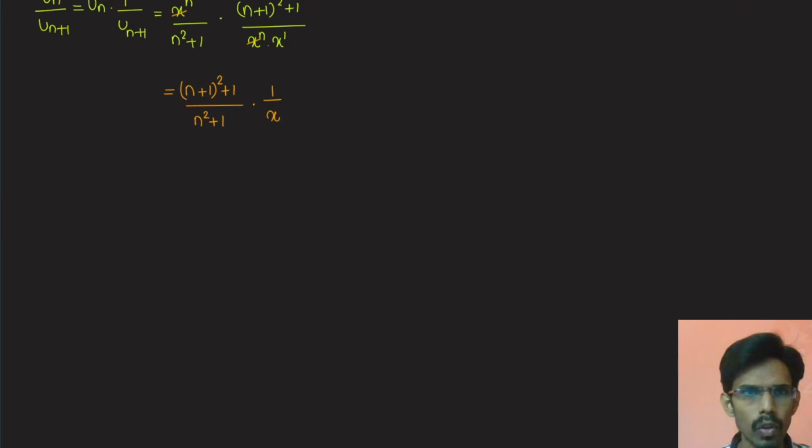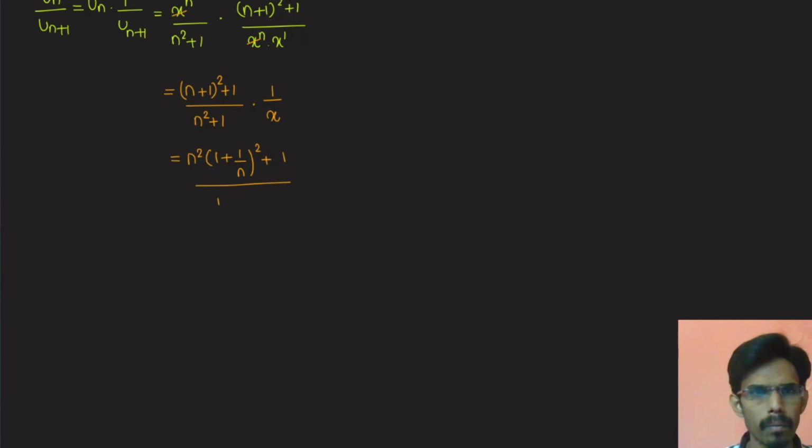Now if I take n common from this term, we have n square into 1 plus 1 by n whole square plus 1 by n square, upon n square plus 1, into 1 by x.